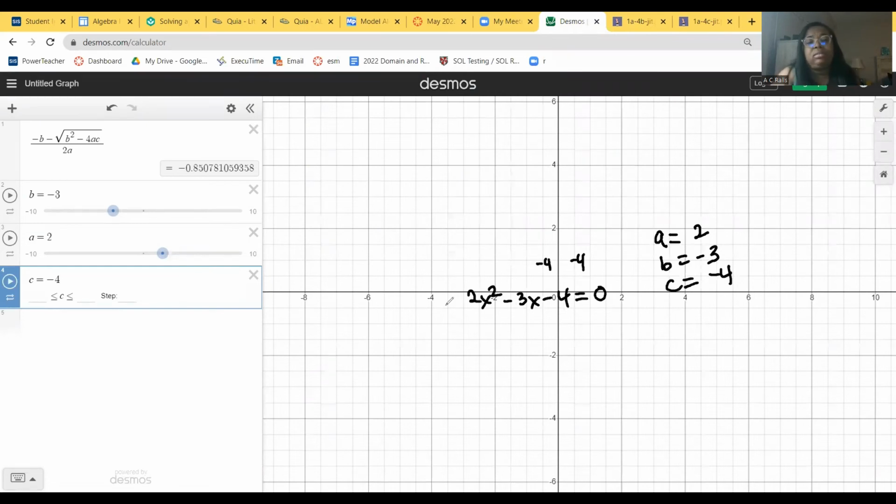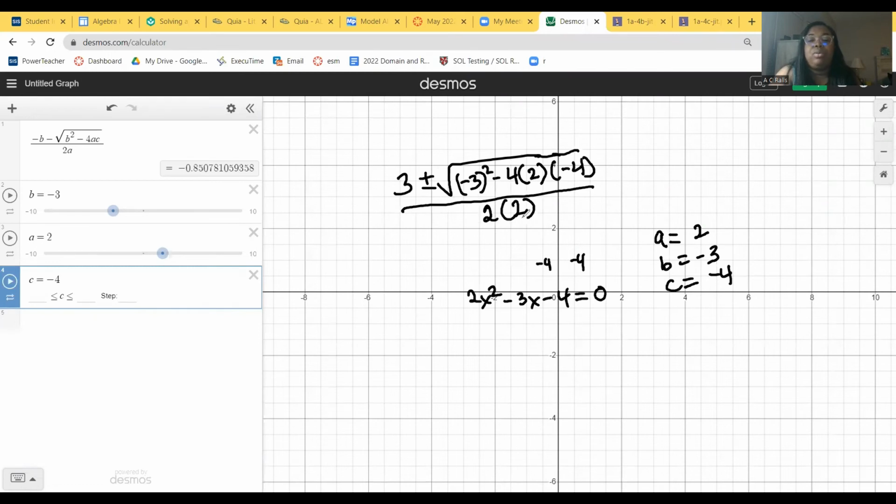So because of that, I would recommend you actually do the quadratic formula by hand. The opposite of B, the opposite of -3, will be a 3. 3 plus or minus the square root of -3 squared minus 4 times 2 times -4, all of that over 2 times 2.